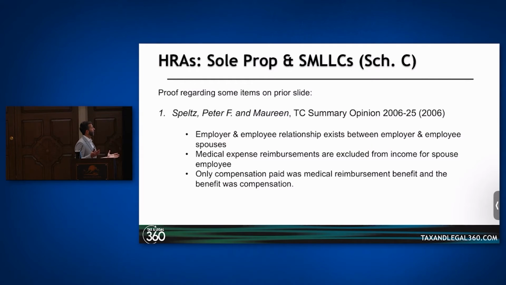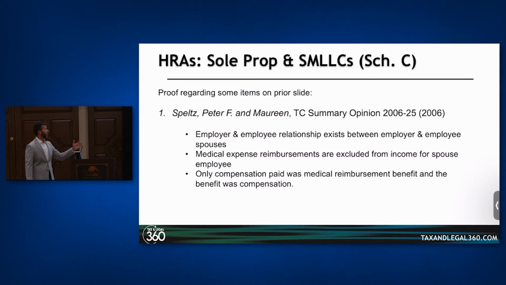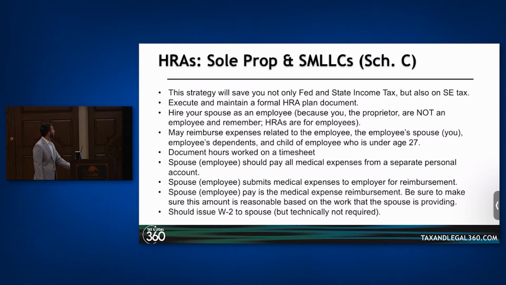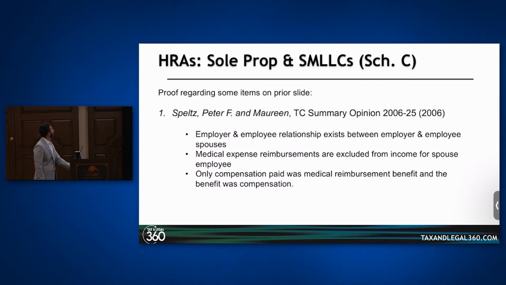What does that mean in plain English? If you hire your spouse at a rate of $20,000 a year, and all that was included in that $20,000 were their medical reimbursements, the IRS has said that's okay, that is compensation, and it's considered compensation paid for this purpose.